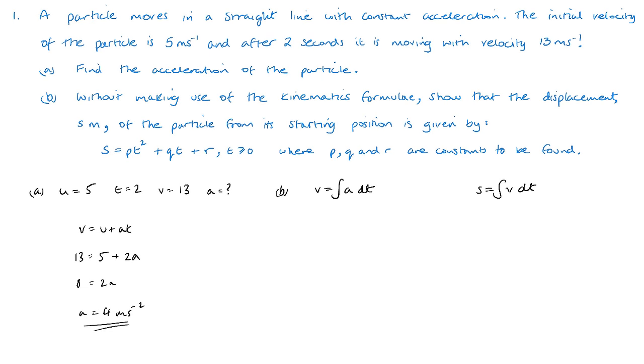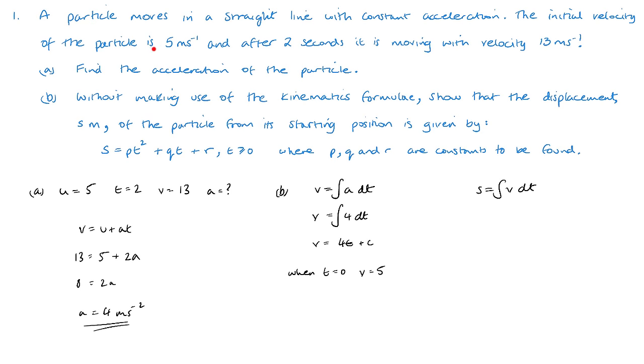Okay, now it's moving with constant acceleration of 4. So this is 4t plus c. So V equals 4t plus c. Now, from the question, when t equals 0, V equals 5.